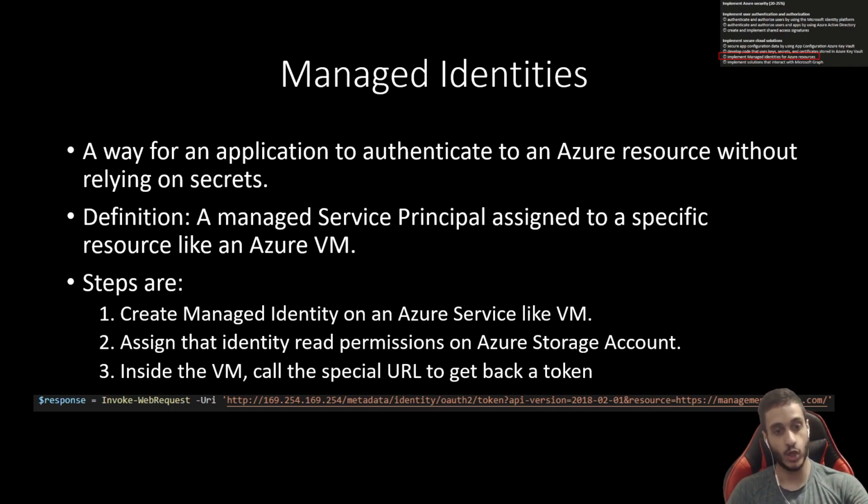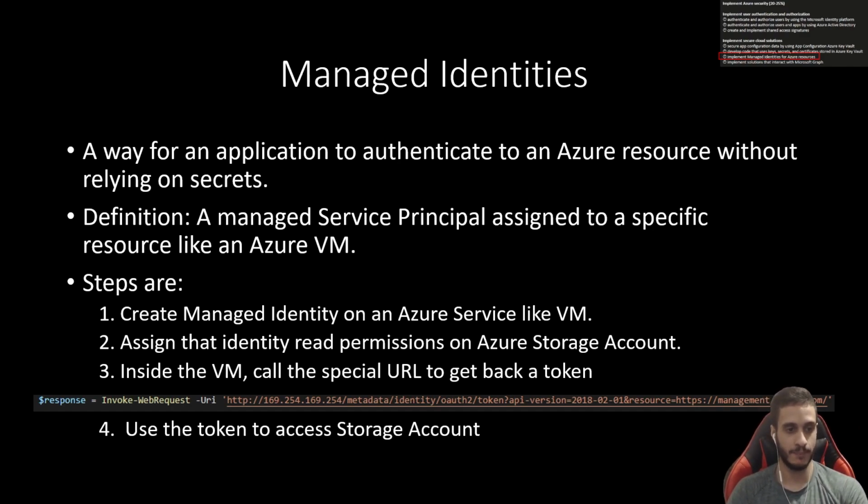Inside the VM, if I call this specific URL, I will actually get back a token from the storage account because I enabled managed identity on this specific VM. And lastly, the VM would then use the token to access a storage account. So essentially with managed identities, I have successfully configured the VM to access a storage account without relying on secrets like SAS tokens, storage account keys, etc.